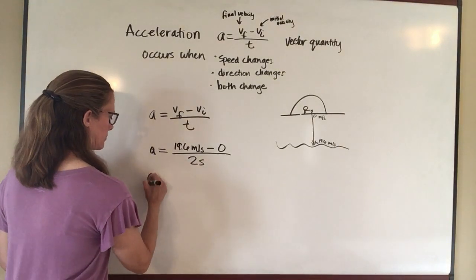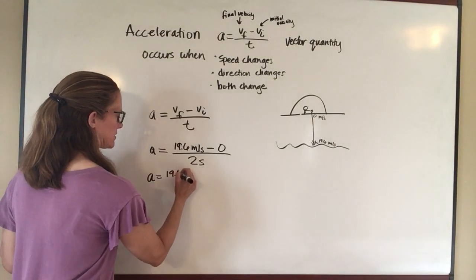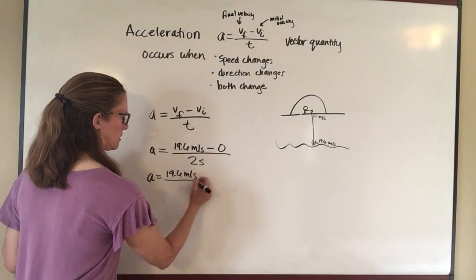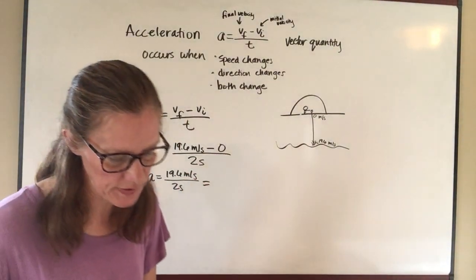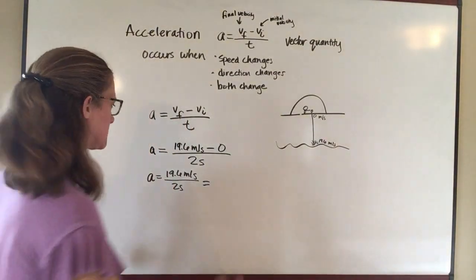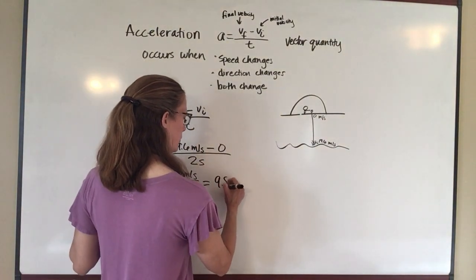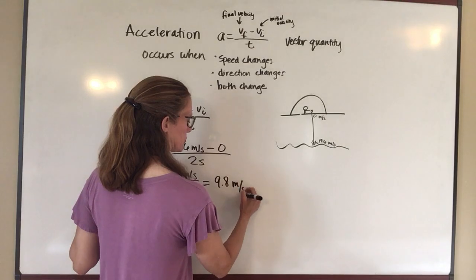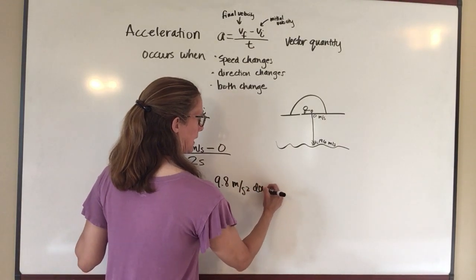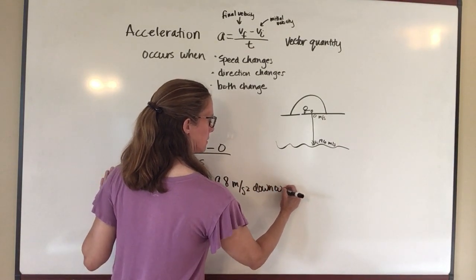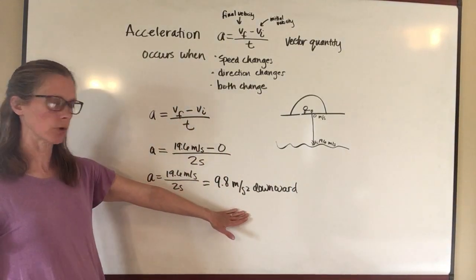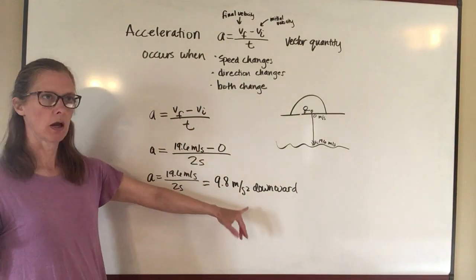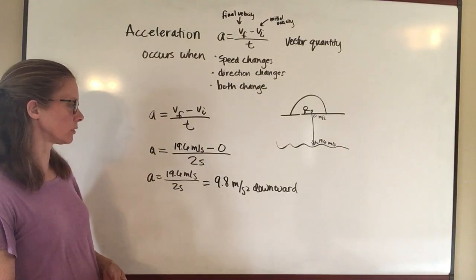So I'm going to have 19.6 meters per second divided by 2 seconds. And then when I divide that out on my calculator, I will end up with 9.8 meters per second squared. And because this is a vector quantity, we have to have a direction on it, and it is going downward. Okay, so 9.8 meters per second squared downward.